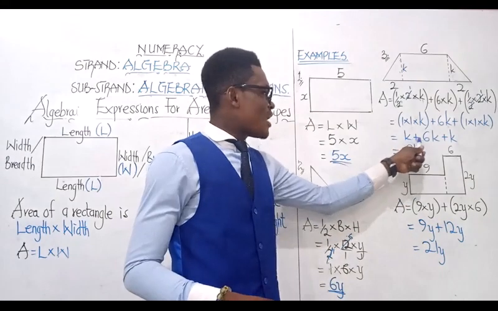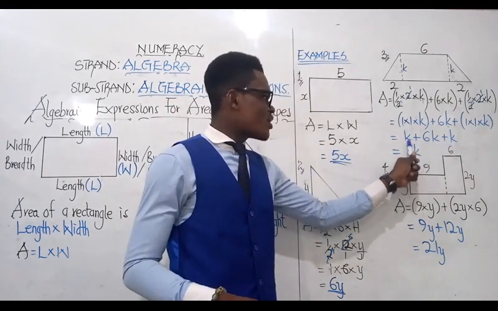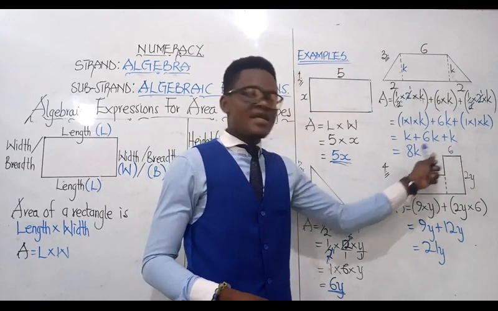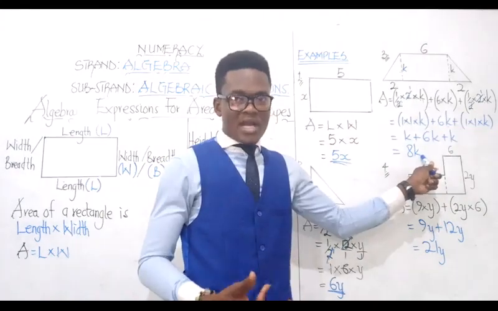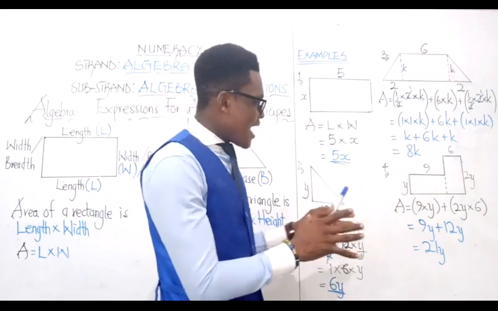So k plus 6k plus k gives us 8k. k plus 6k is 7k, and 7k plus k is 8k. I hope you are clear with it. Thank you very much. Now let's move on to our last example.